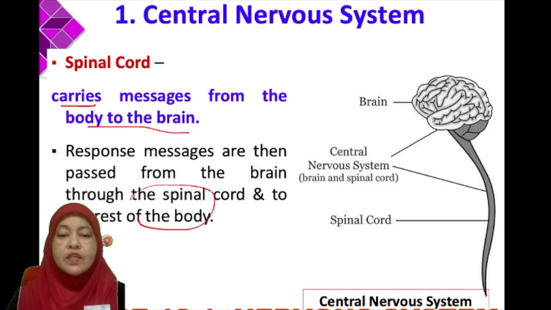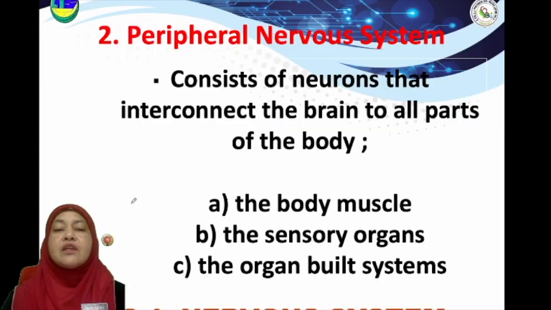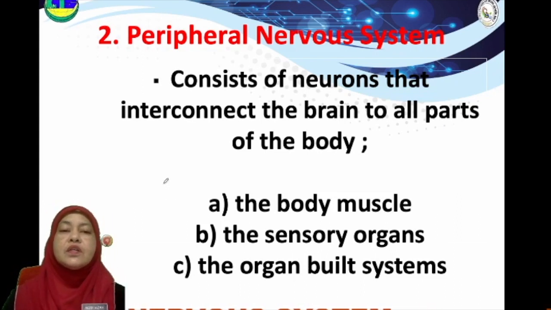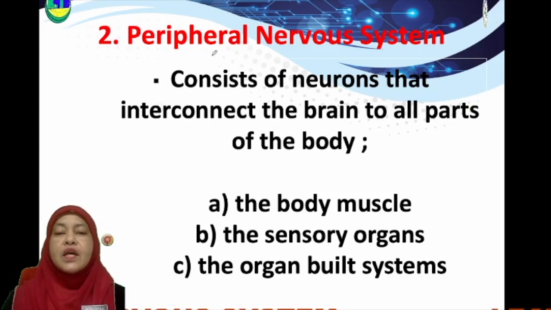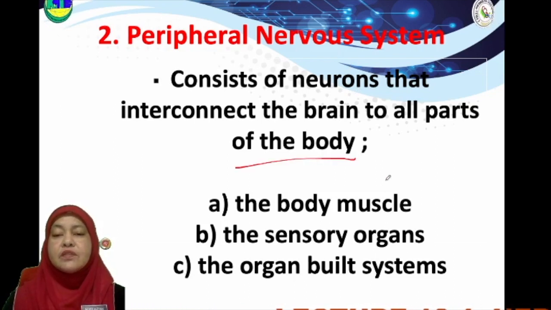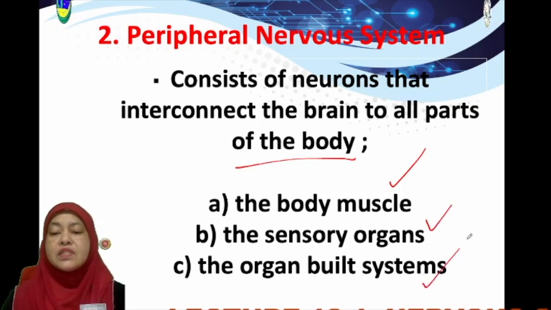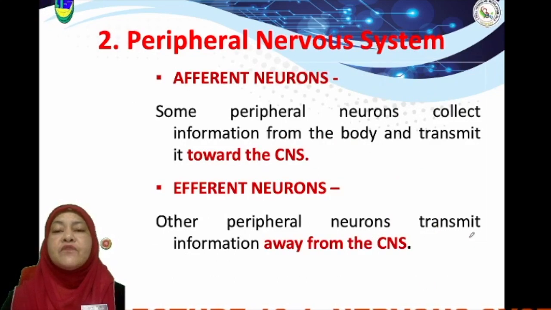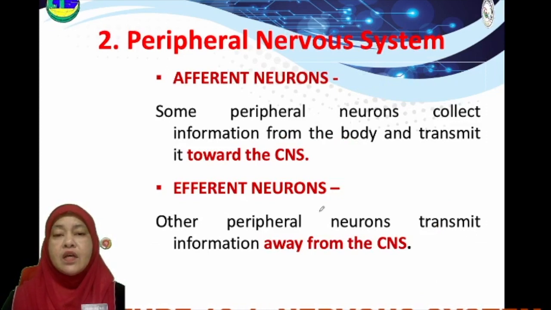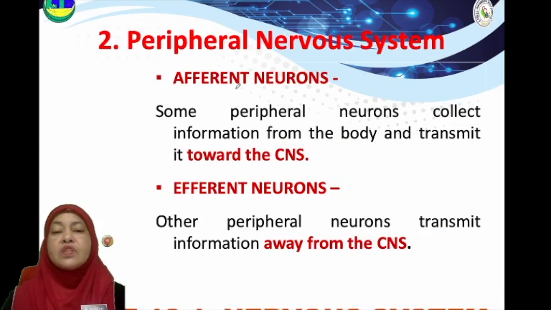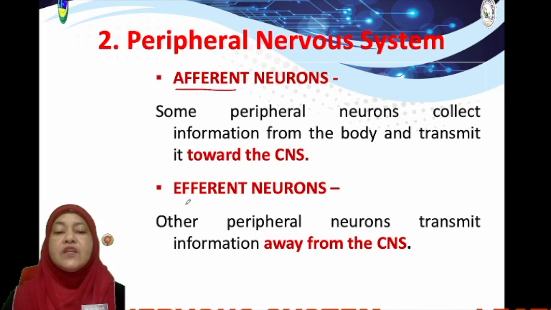to the rest of our body. Next, the second type of nervous system is the peripheral nervous system. It consists of neurons or nerve cells that interconnect the brain to all parts of the body, such as the body muscles, the sensory organs, as well as the organ systems. The peripheral nervous system involves two types of neurons: the afferent neuron and the efferent neuron.